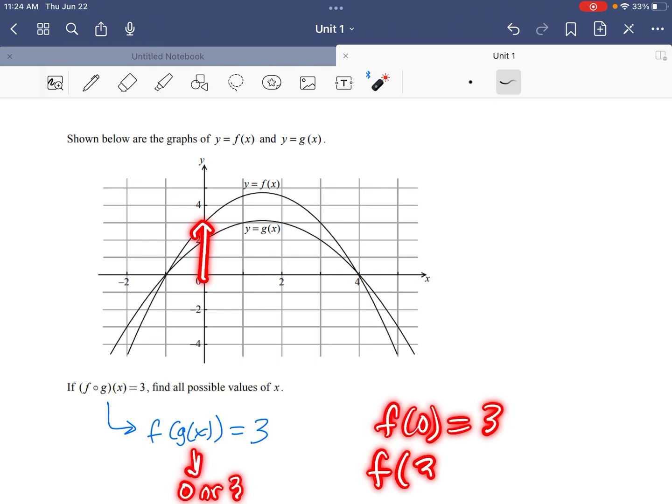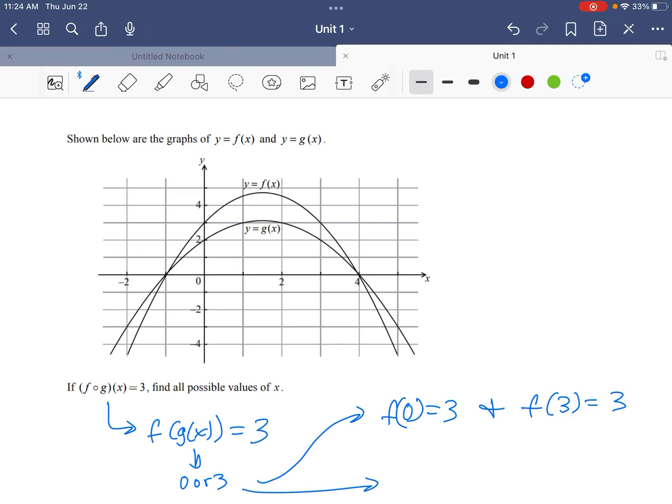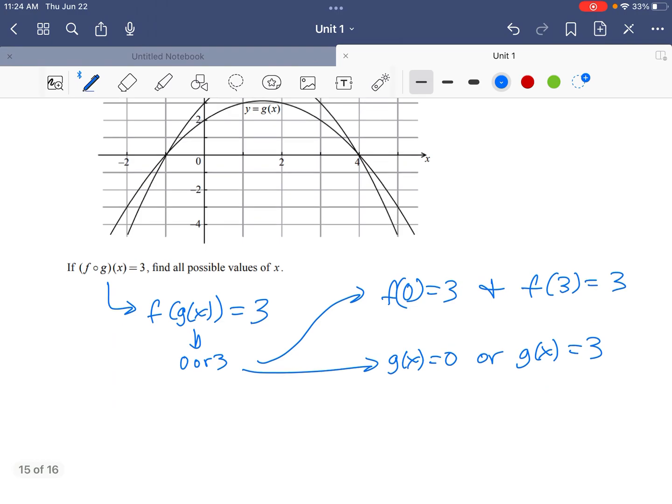And f of 3 is also 3. That happens right here. Okay, so let's write that down. So I need this to be 0 or 3, because then f of 0 is 3 and f of 3 is 3. So basically I have to make g of x, for this to come out like I want, g of x has to be 0 or g of x has to be 3.